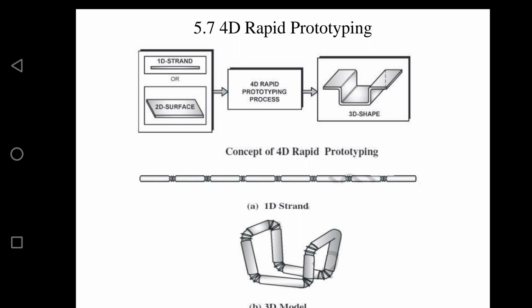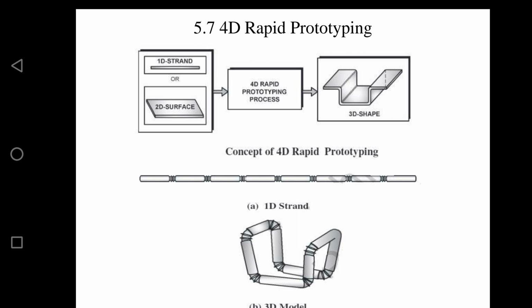It is going to convert that 1D strand into a 3D shape, or convert a 2-dimensional shape into a 3-dimensional shape, or convert one type of 3-dimensional shape into another. Well, it is quite an interesting thing.